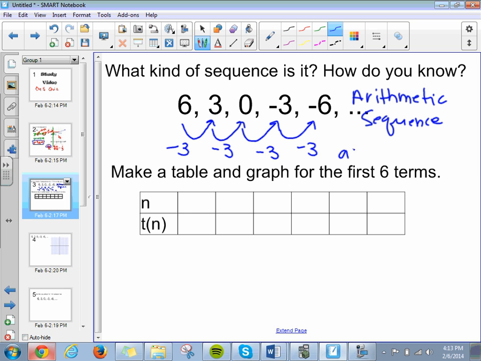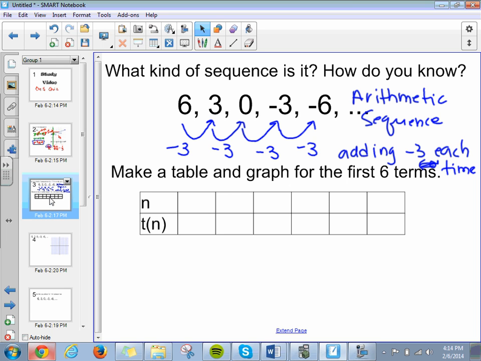We're adding -3 each time, or by a constant term. Or you can say we're adding by a constant. Even if we're subtracting, plus negative is the same thing as subtracting.